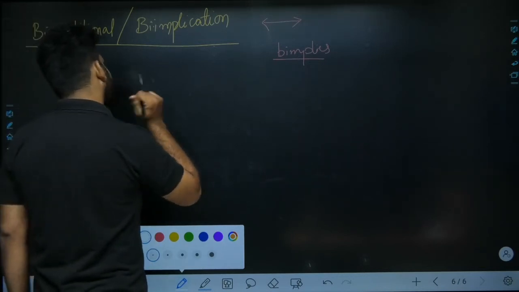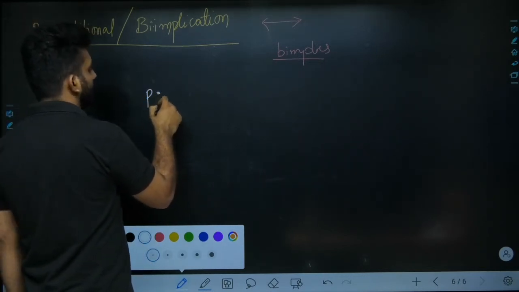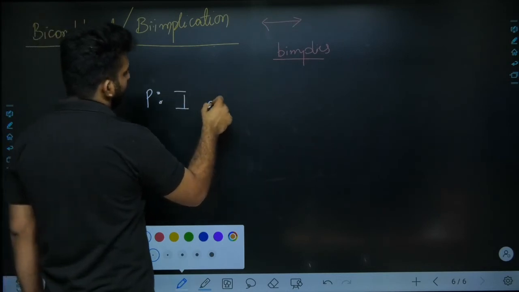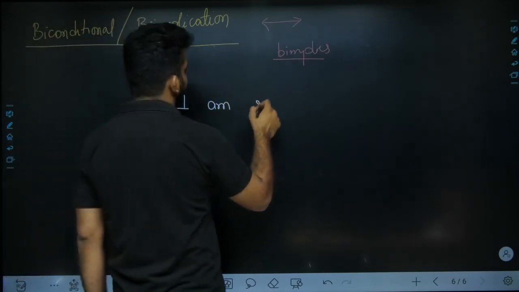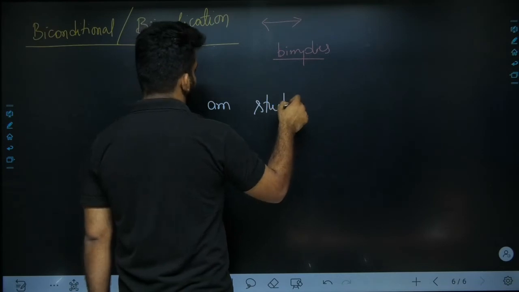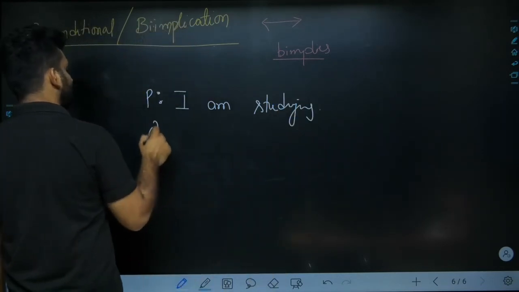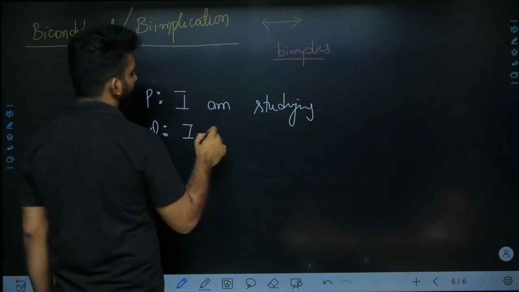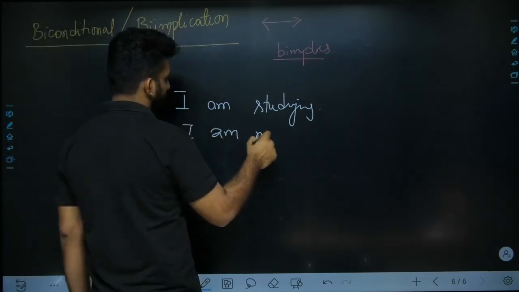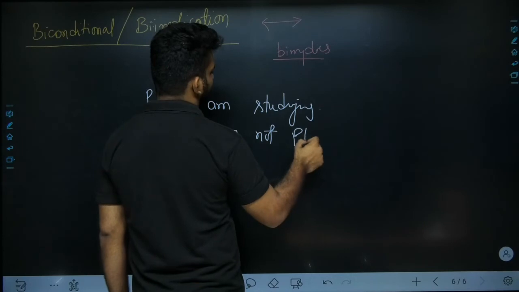See this. P says I am studying, and Q means I am not playing outside.